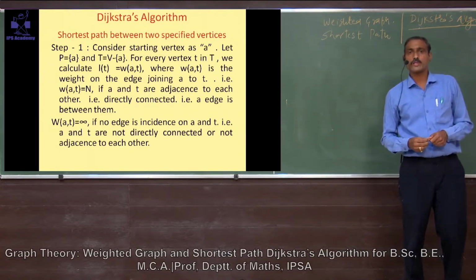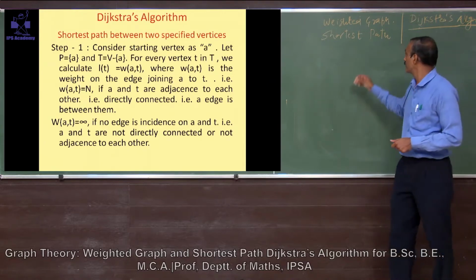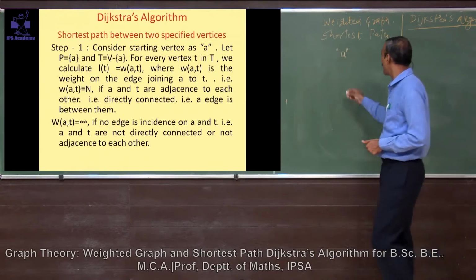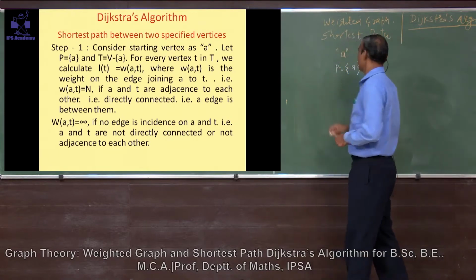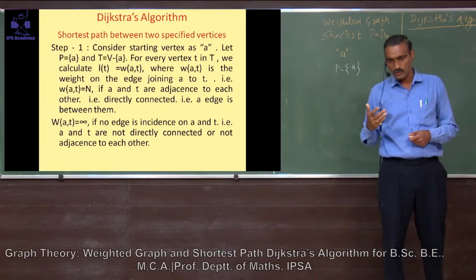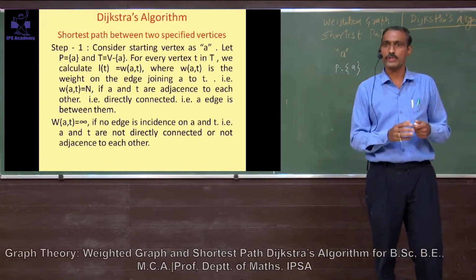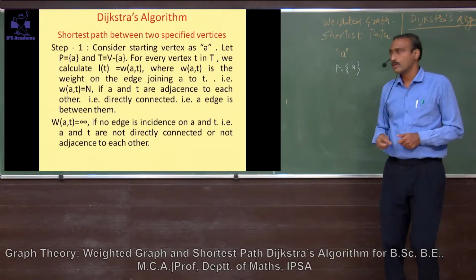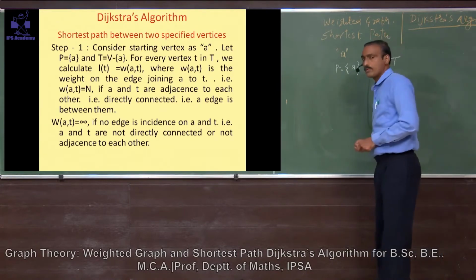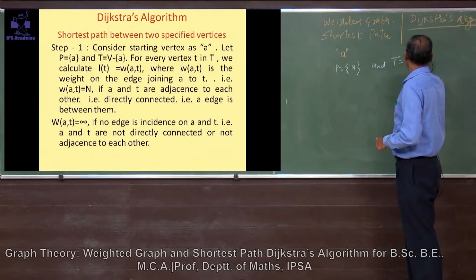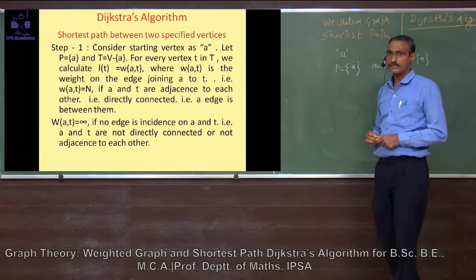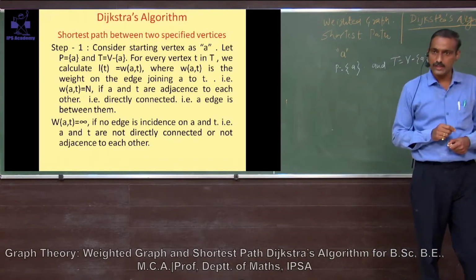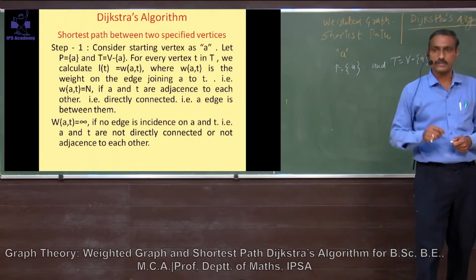Step 1. Consider the starting vertex as A. Let P equals {A}, that is, we are generating a path P equals {A}, because we start with the vertex A. We also create a subgraph T equals V minus {A}, where V is the vertex set, and T is generated by eliminating the vertex A from the vertex set.